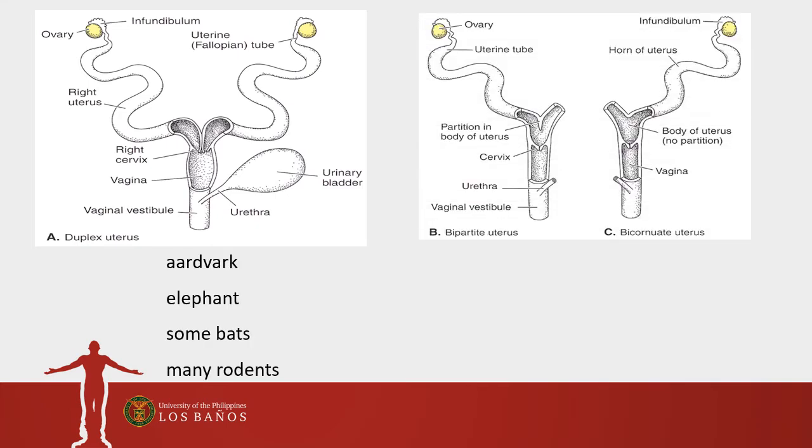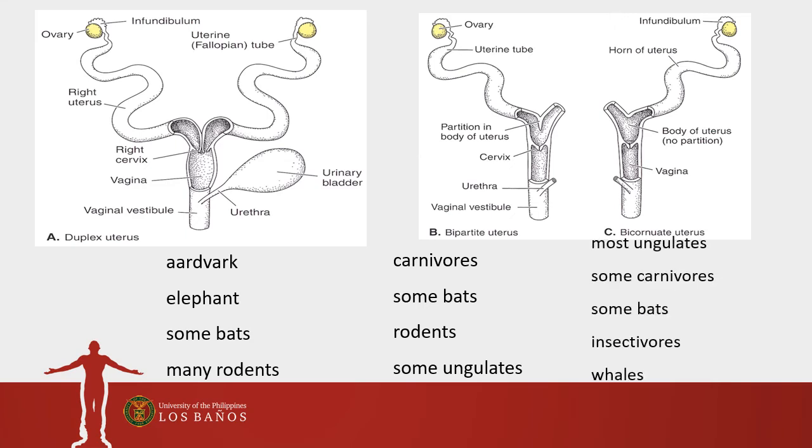The uterine horns are completely separated and have separate cervices opening into the vagina. Carnivores have a bipartite uterus in which the horns are largely separate but enter the vagina by a single cervix. In the bicornuate uterus, typical of many ungulates, the horns are distinct for less than half their length. The lower part of the uterus is a common chamber, the body.